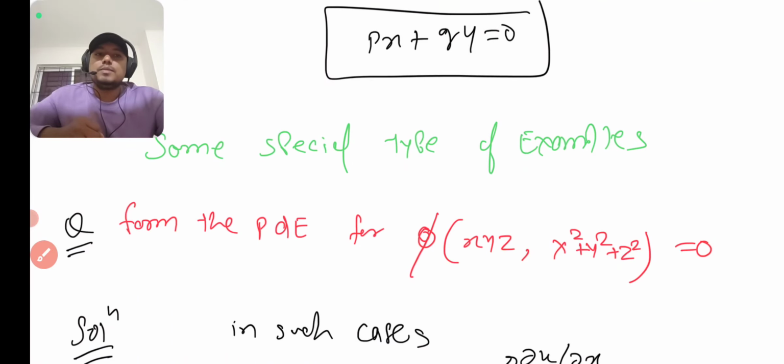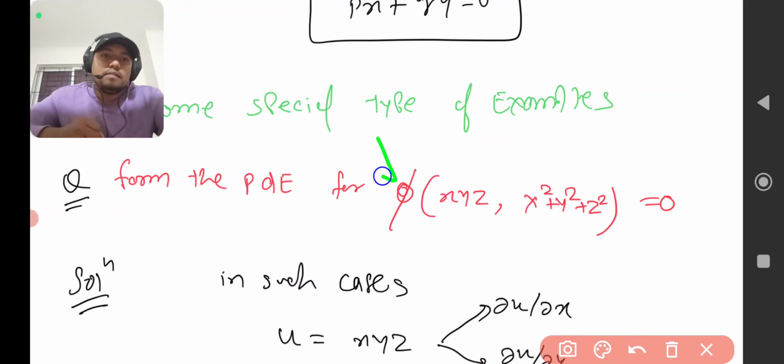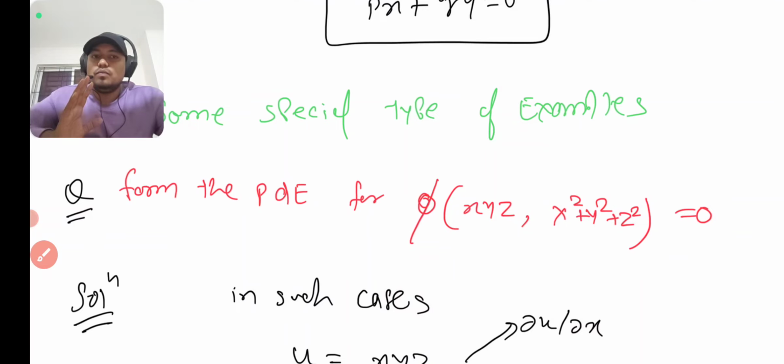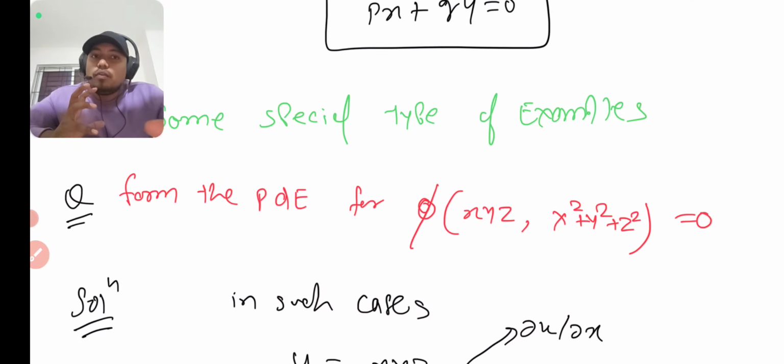Now some special type of examples also we will see. If you have a function given initially, see, as phi of xyz comma x square plus y square plus z square, this is the function. In this case, what is visible? See, form the PDE if this kind of function is given directly.